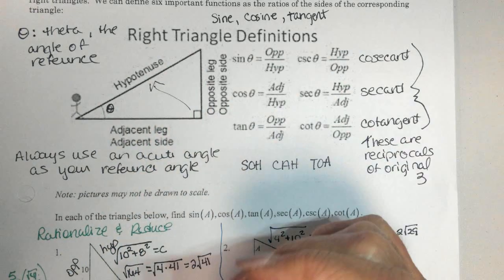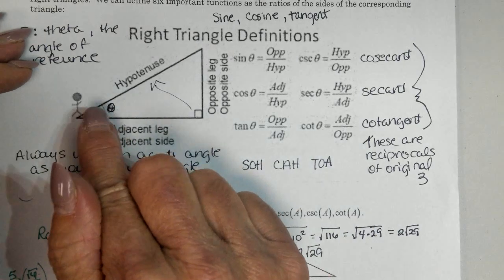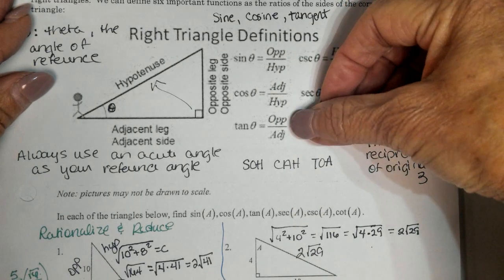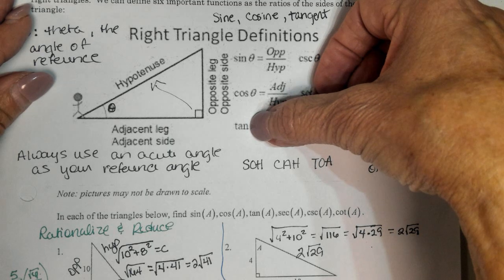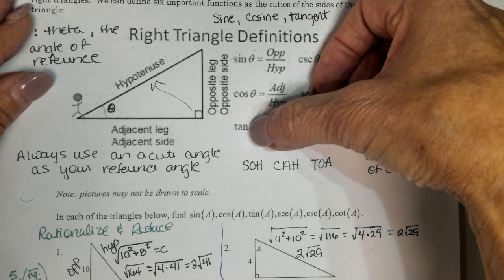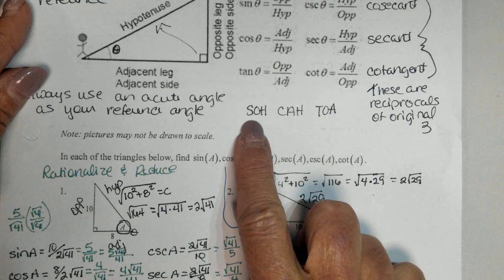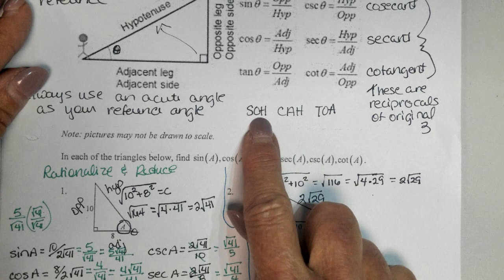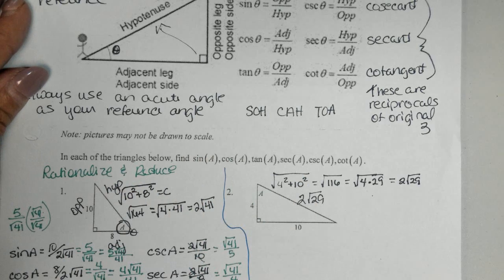Whichever one's easiest, if they give you an angle, whatever the case may be, but you have to start with an acute angle, and then you have to be able to identify your ratio that matches your trig function right here. It always helps to write out the acronym SOHCAHTOA, because that helps you get everything set up so that you can write all your functions. Okay.